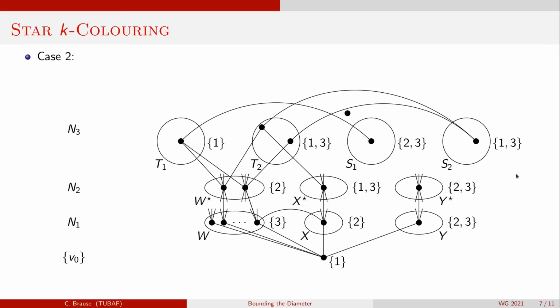Well, we now use the fact that there is no 5-cycle in our graph. In particular, we need that there is no edge from a vertex in W star to a vertex in X star.